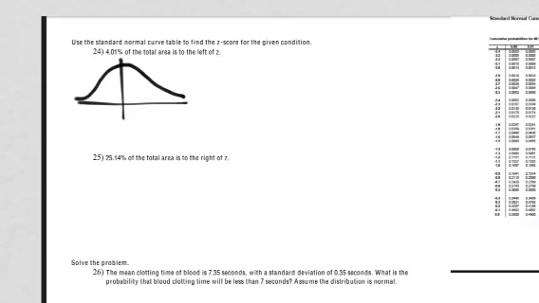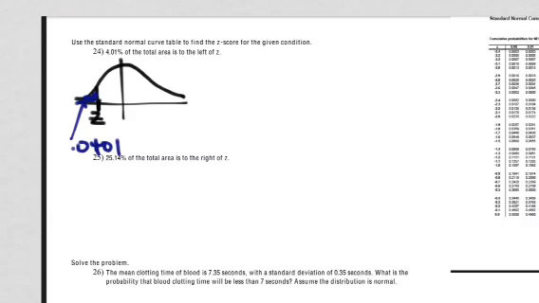So 4.01% is to the left of the z. So if my z-score is this value along the x-axis, the 4.01% is the area of this little tail right here. So they're saying that this has area or probability of 0.0401.